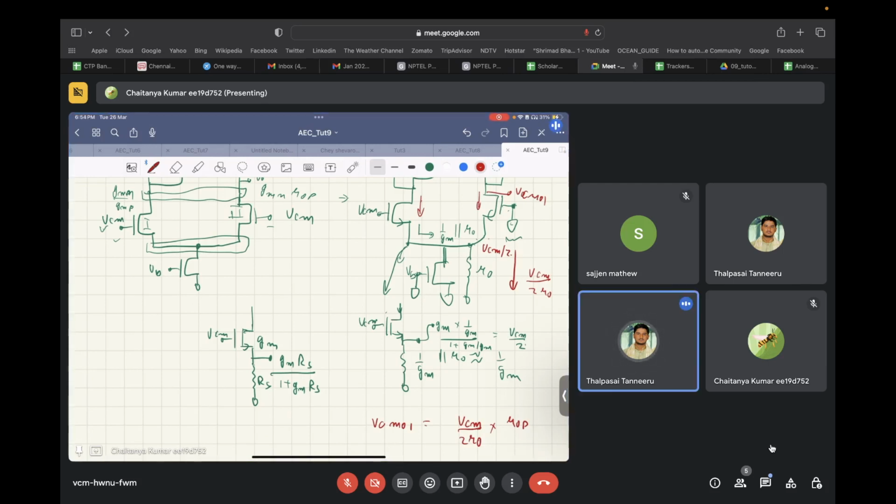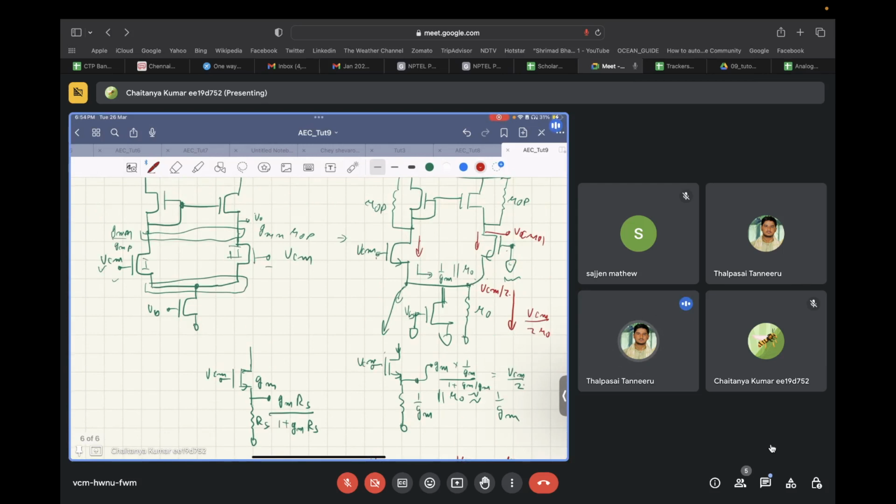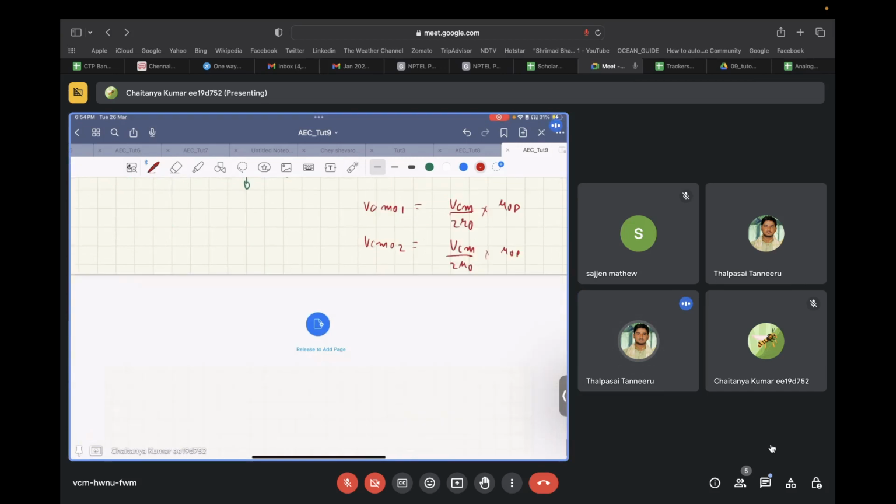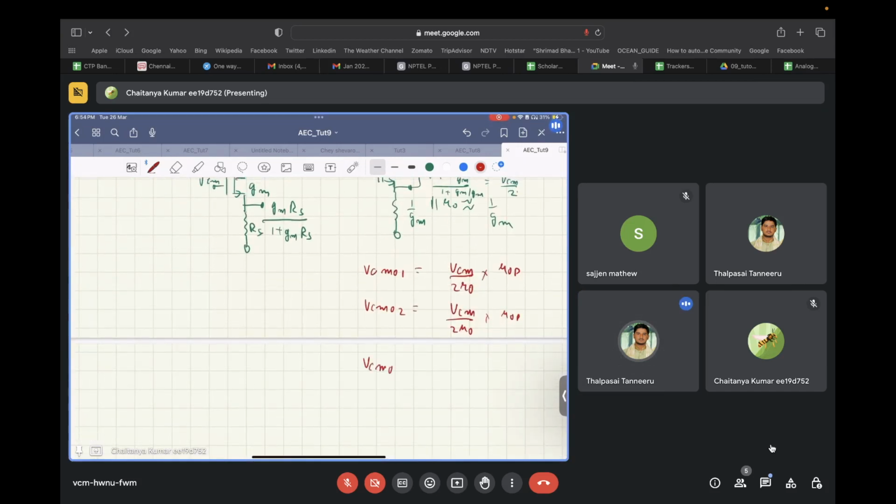Now the same thing you will do: you will ground the transistor one's gate, and you will give VCM to transistor two's gate. It will turn out that VCM out 2 will also be equal to the same voltage. And if that is the case, your overall VCM out will be VCM times ROP by R naught.